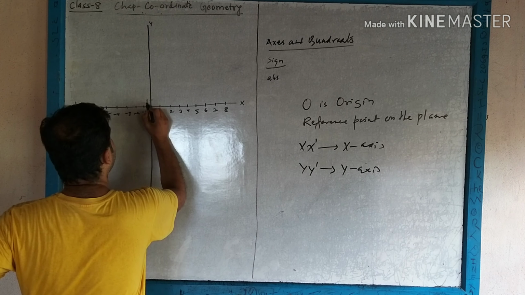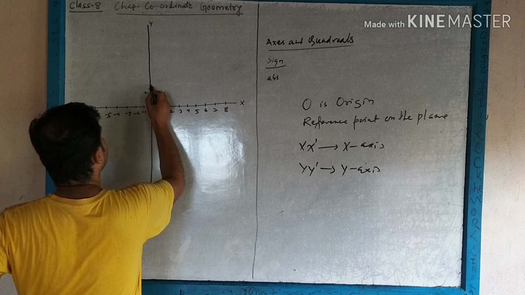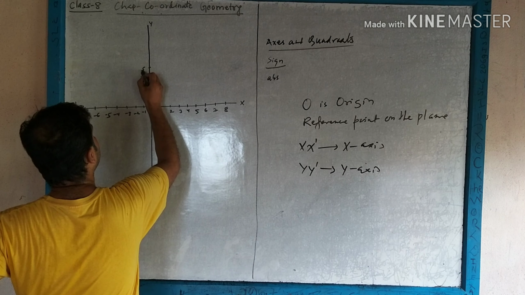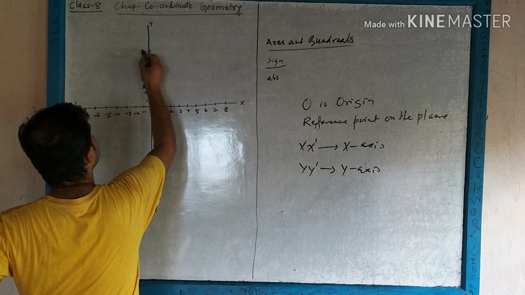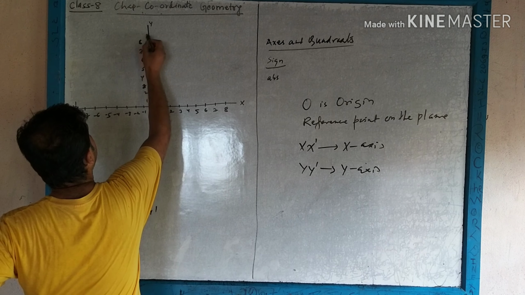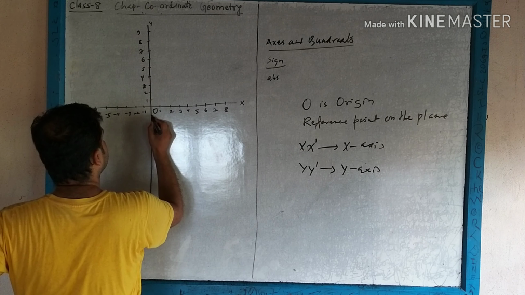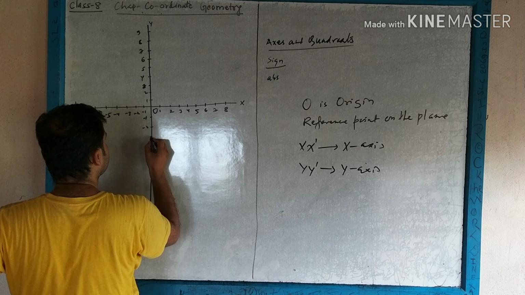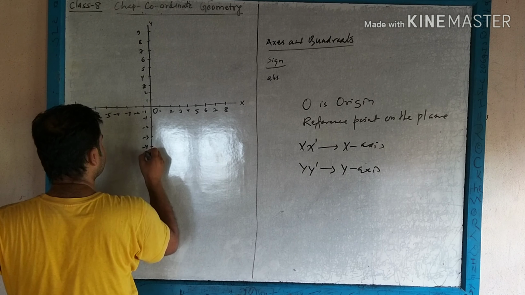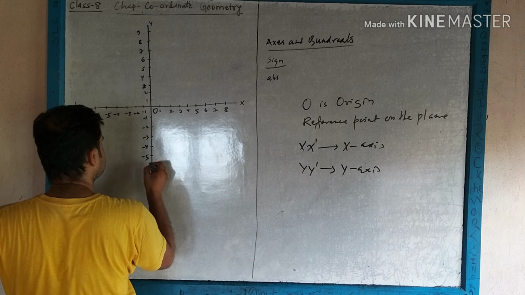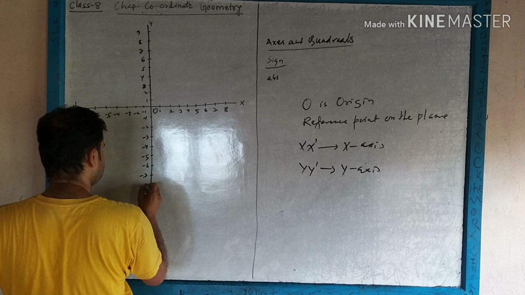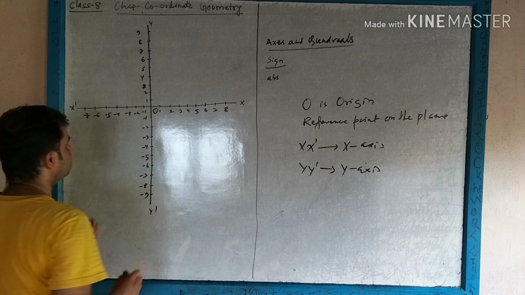Up 1, 2, 3, 4, 5, 6, 7, 8, 9. Below -1, -2, -3, -4, -5, -6, -7, -8, -9.